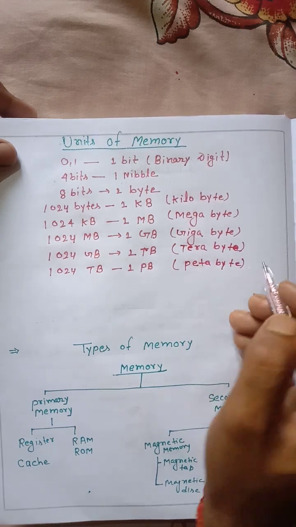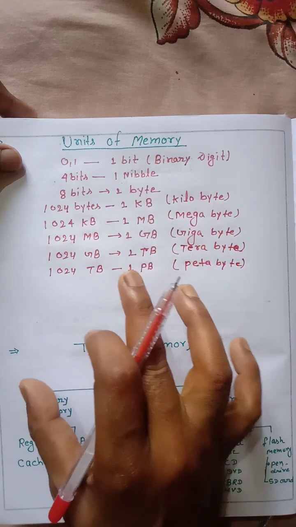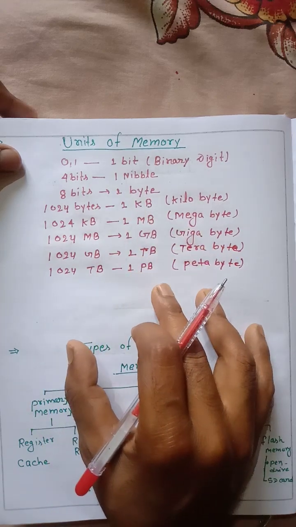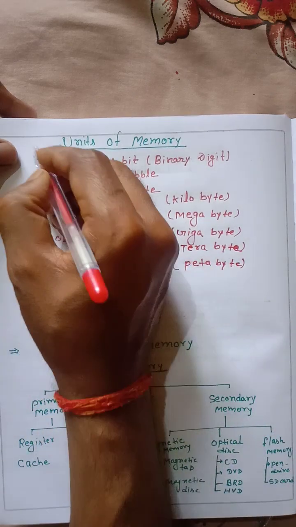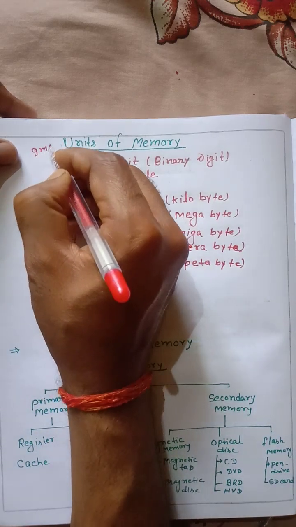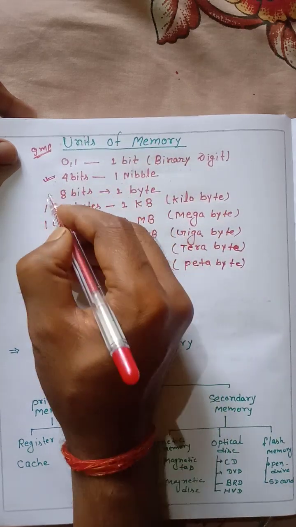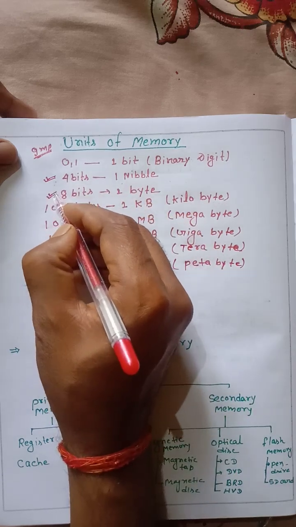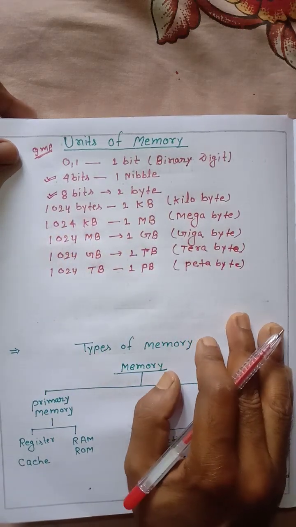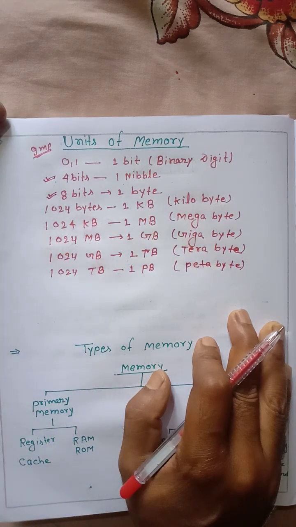These are the units of memory. You have to learn the units of memory properly, because many questions come from this section. So we can say it is an important section. You always have to learn that 4 bits equals 1 nibble and 8 bits equals 1 byte.